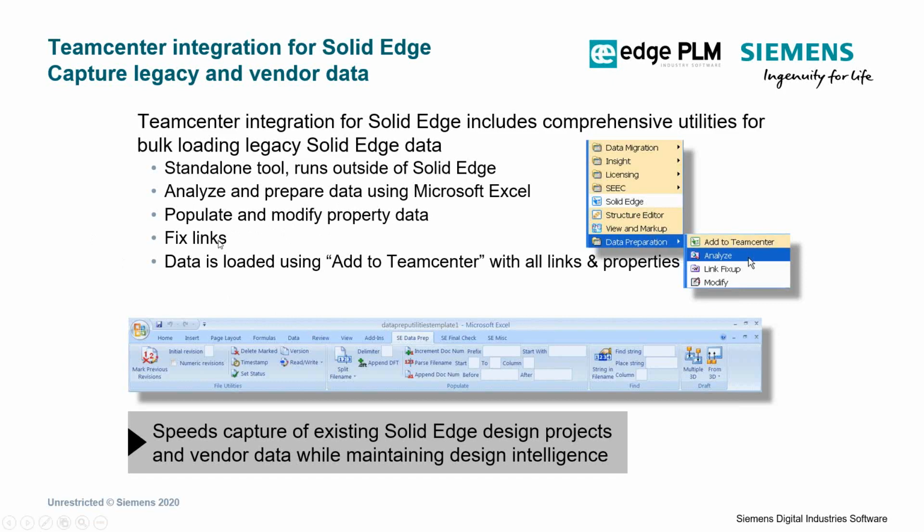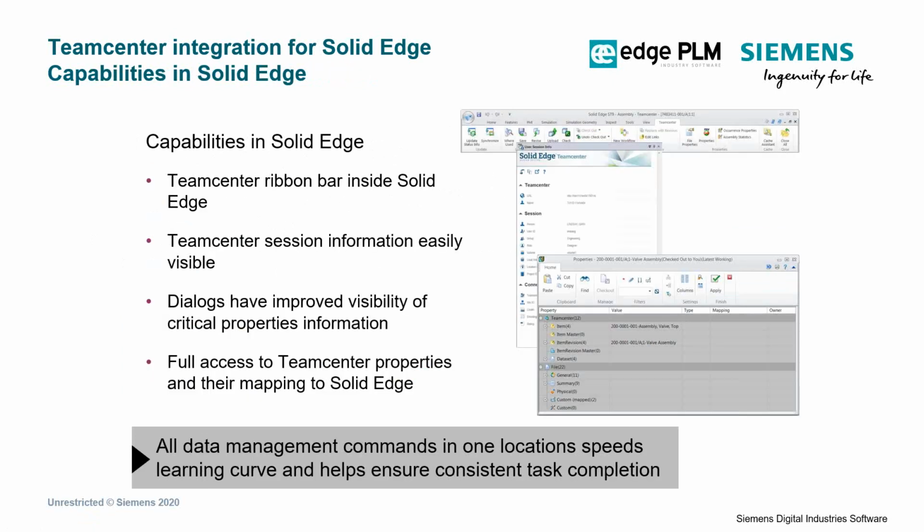Fix any missing links, missing data, and then I load the data into Teamcenter. And once it's added to Teamcenter, it is now managed, complete, accurate information. So it's a very easy way to get data into the system and start using it within the PLM environment. And you can use that to bulk load information as well.